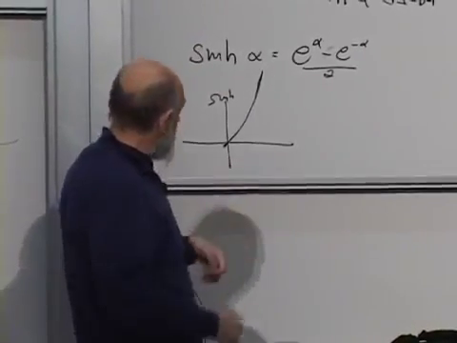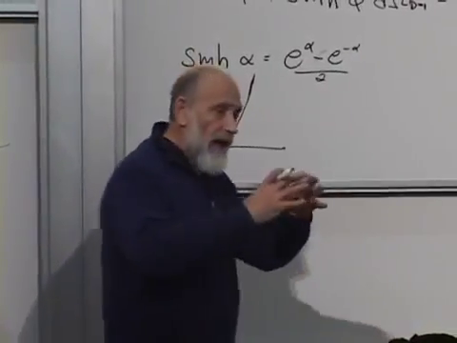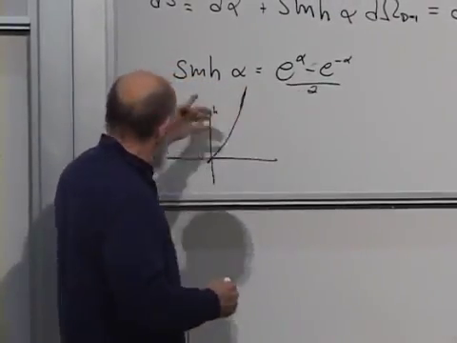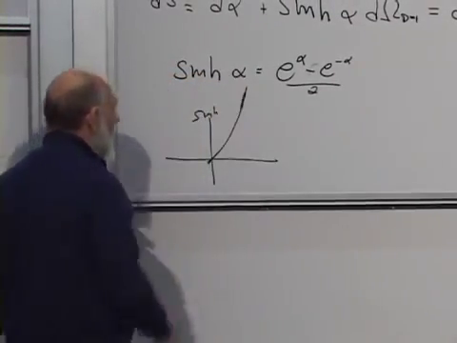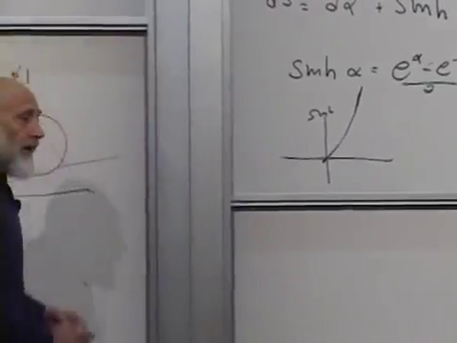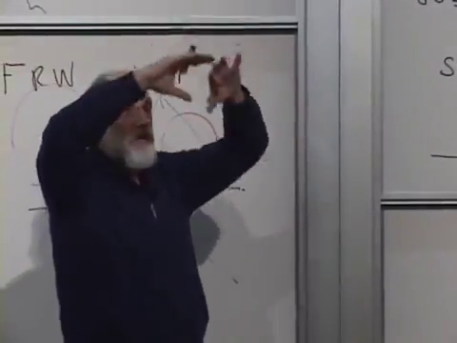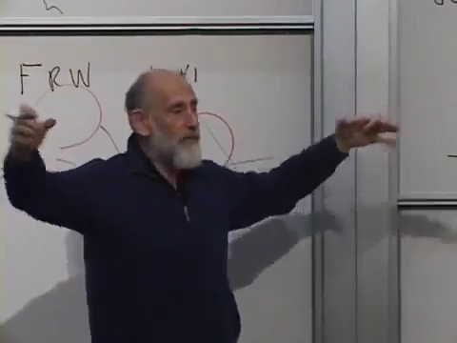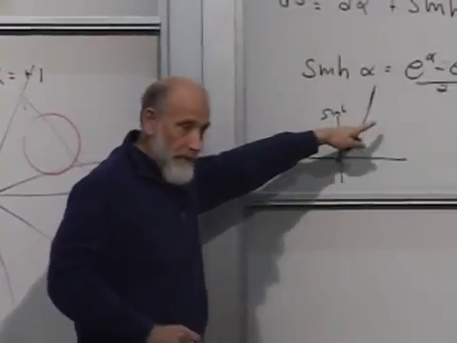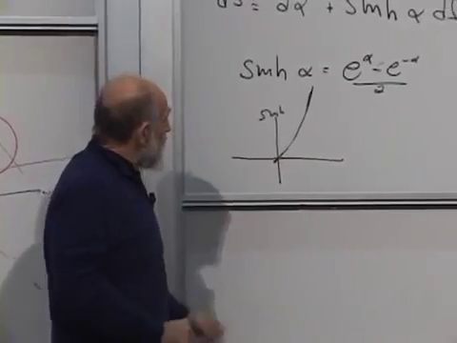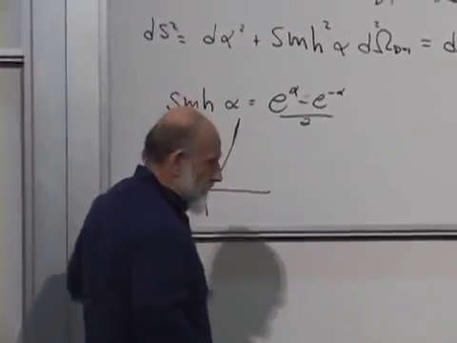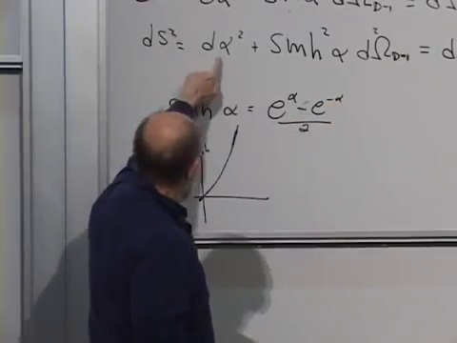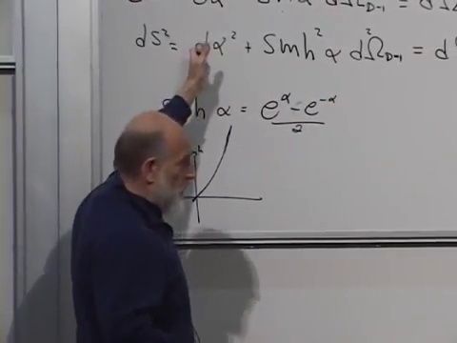Here, as you move away from the origin, we'll put us at the center, at alpha equals 0. As we move away, the size of the spheres around us get bigger and bigger very rapidly. So think of ourselves at the center. If we want to know the distance to a point radially outward, that's mainly just d alpha squared. That's d alpha.